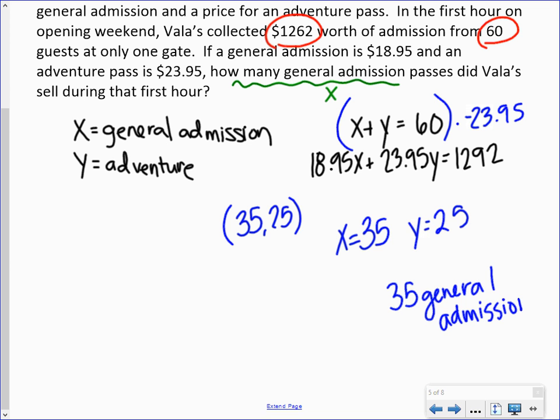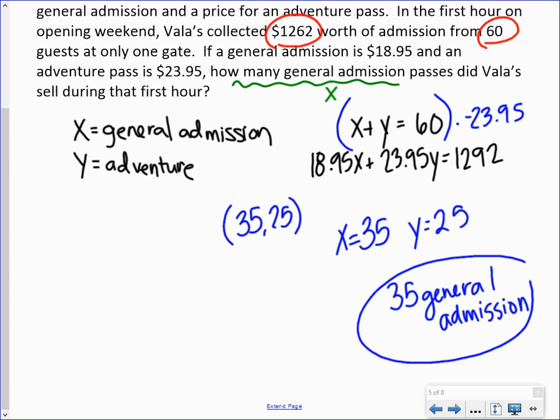If you give me one of these, I don't think you've given me a full answer yet. You haven't addressed the question that I asked you. So I would like to see somewhere that you say 35 general admissions. Now, I'm going to take for granted that you could solve a 2-variable system. If you need to, go back and do the work for it and ask for help if you need it.